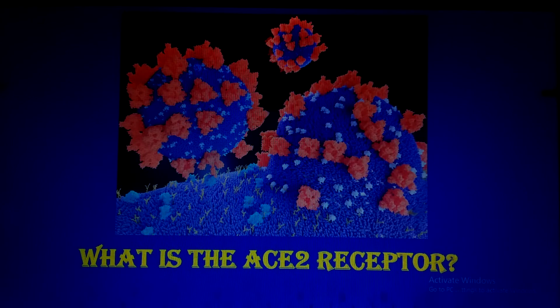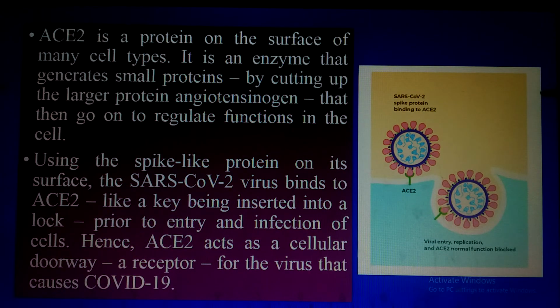So now I'm just providing the basic concept of ACE2. ACE2 is a protein on the surface of many cell types. These are membrane proteins. It is an enzyme that generates small proteins by cutting up the large protein angiotensinogen, which then go on to regulate functions in the cell.